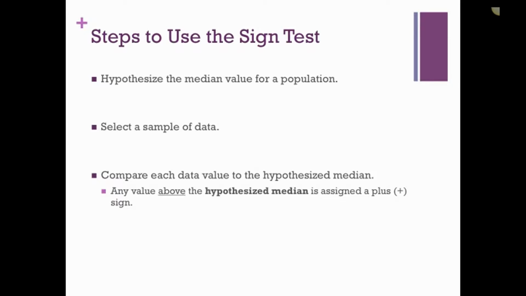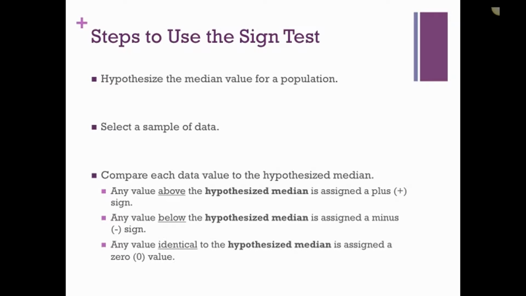Any value that falls above the hypothesized median on a number scale is assigned a plus or a positive sign. Any value that falls below a hypothesized median on the number scale is assigned a minus or a negative sign.